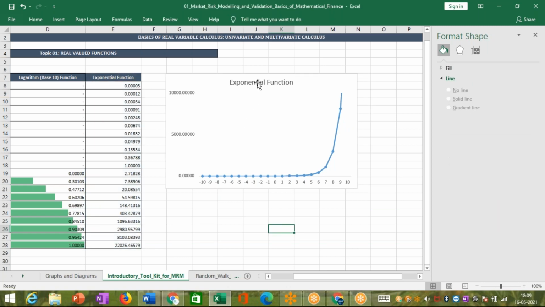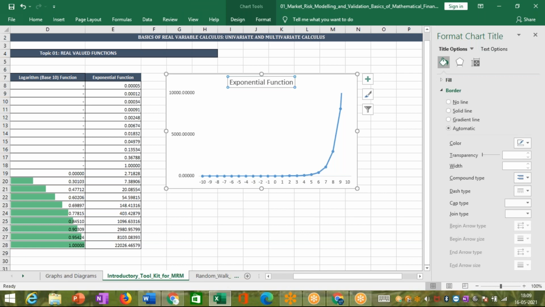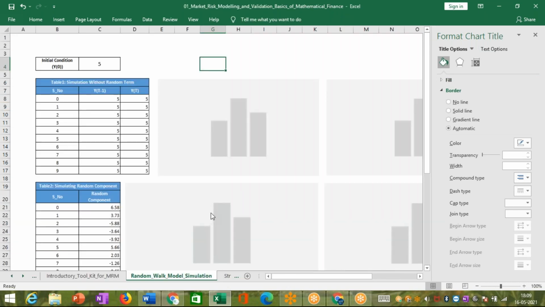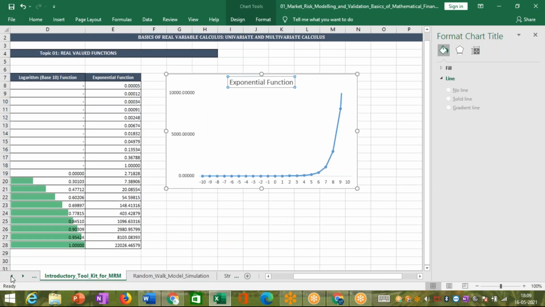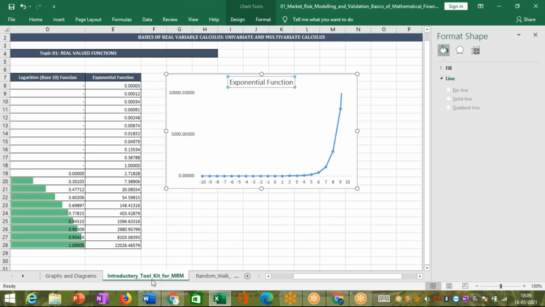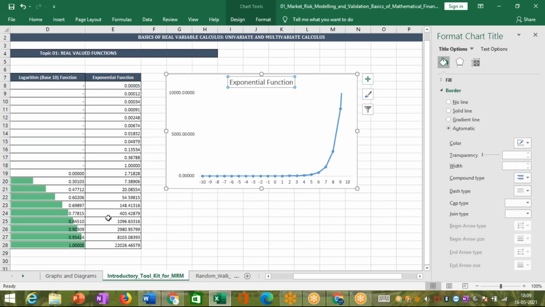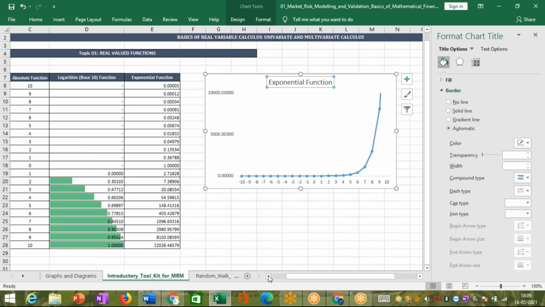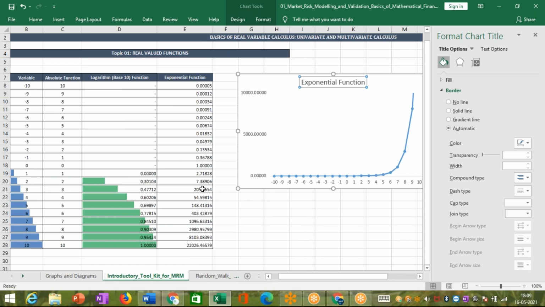So now for the exponential function over here, one of the things that you can clearly see is that this function has started to grow mostly from this point. You see that up till 3, this has not increased so much.